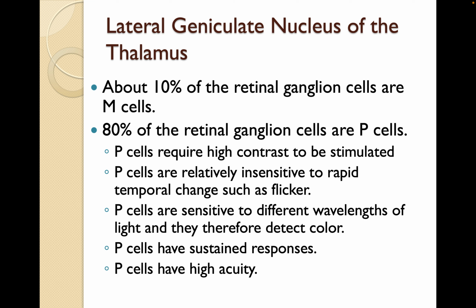P cells require high contrast to be stimulated. P cells are relatively insensitive to rapid temporal change, such as flicker. P cells are sensitive to different wavelengths of light, and they therefore detect color. P cells have sustained responses. P cells have high acuity.